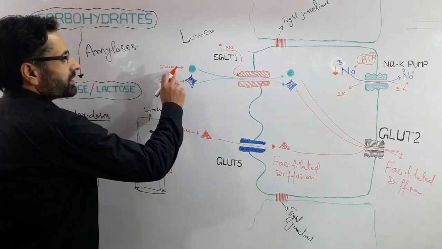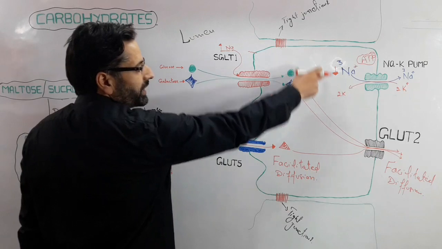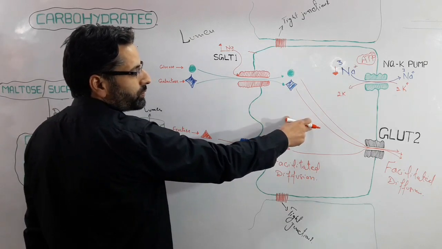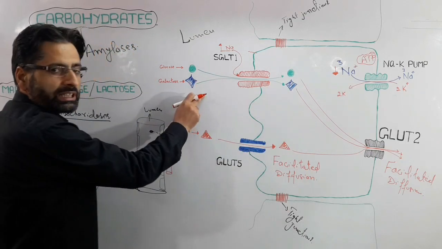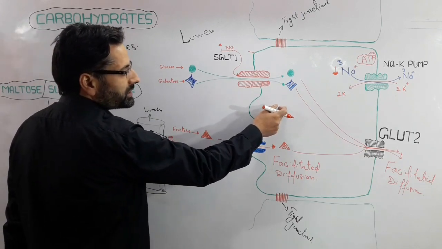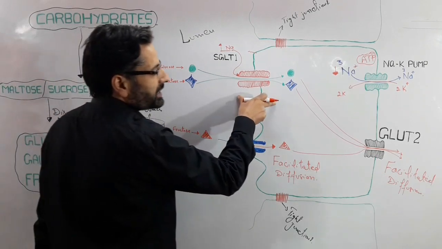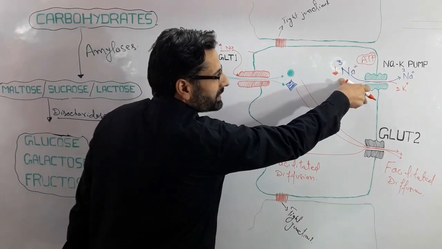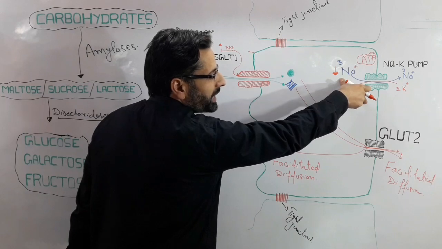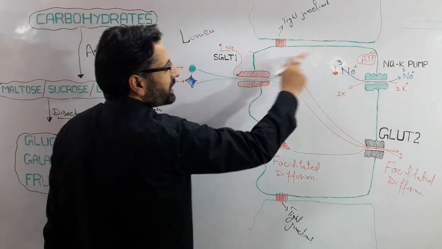Here the movement is against the concentration gradient because the concentration of the glucose molecule is more as compared to the luminal side, but this movement against the concentration gradient occurs by the utilization of energy, and this energy is spent by this sodium potassium pump, and this energy utilization creates the sodium ion gradient.